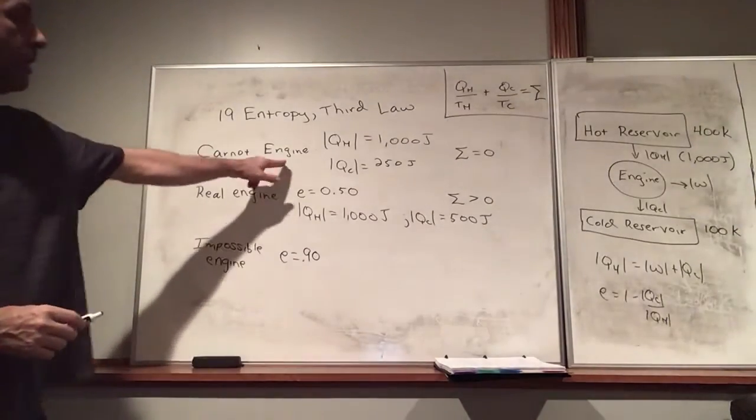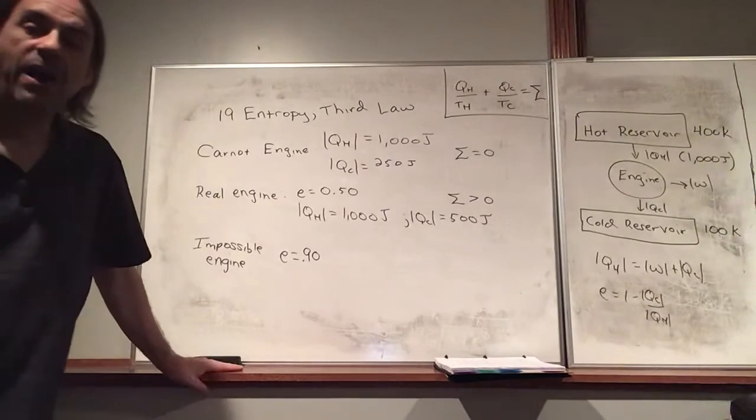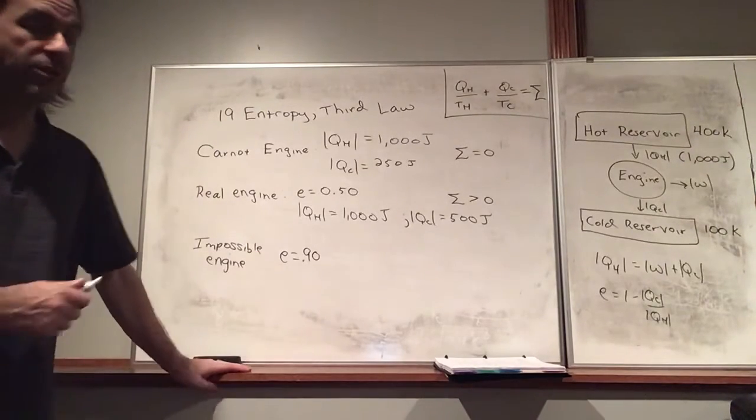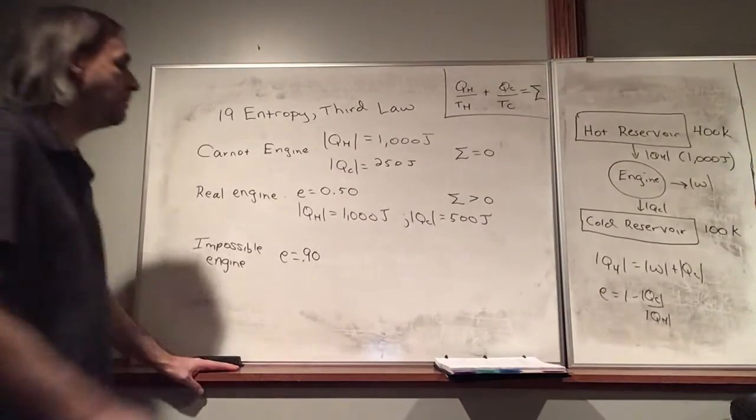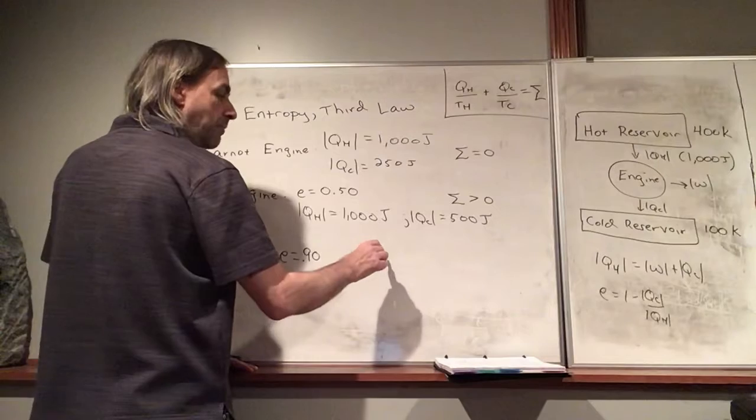Now again, the Carnot engine, the efficiency was 75%. And we know that's the most efficient possible. So if we could build an engine with an efficiency of 90%, let's calculate QC.